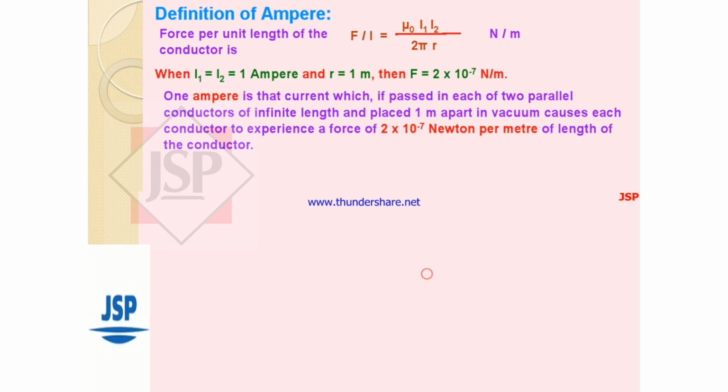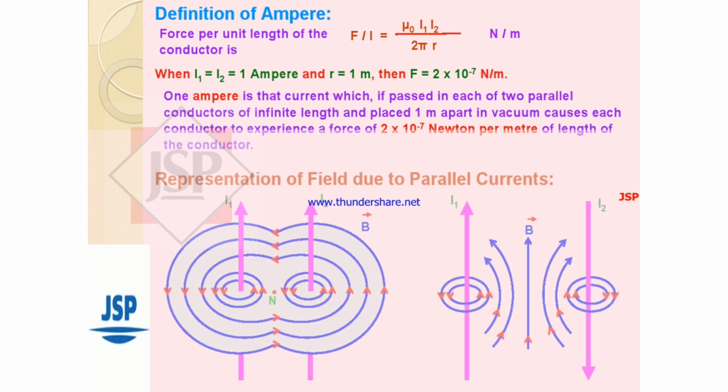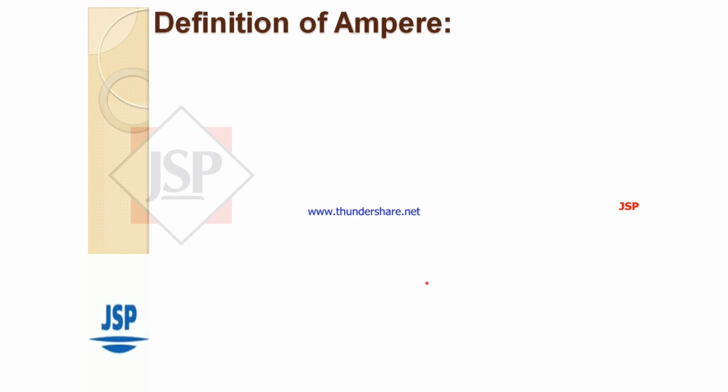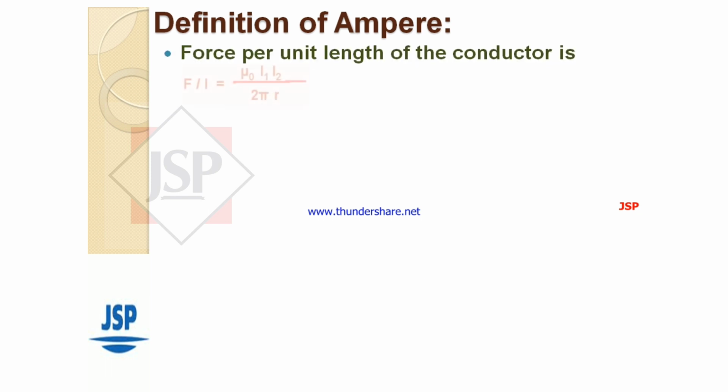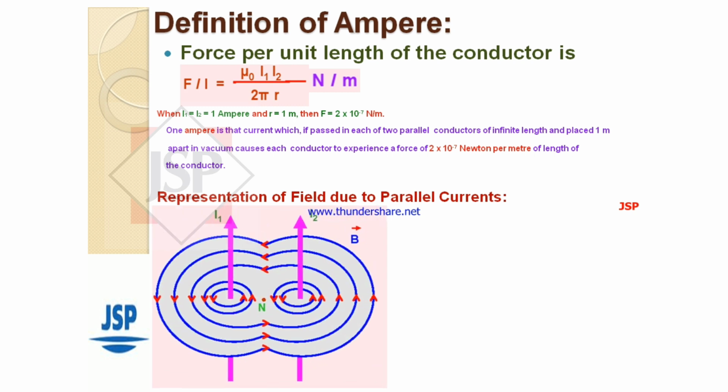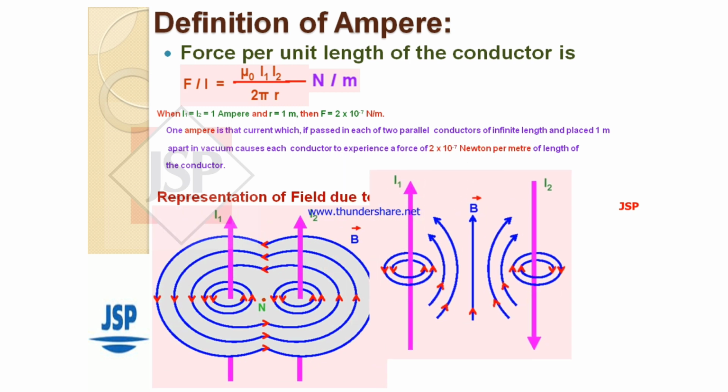When I1 equal to I2 equal to 1 ampere and R equal to 1 meter, then F equal to 2 into 10 to the power of minus 7 Newton per meter. 1 ampere is that current which, if passed in each of two parallel conductors of infinite length and placed 1 meter apart in vacuum, causes each conductor to experience a force of 2 into 10 to the power of minus 7 Newton per meter of length of the conductor. Representation of field due to parallel currents.